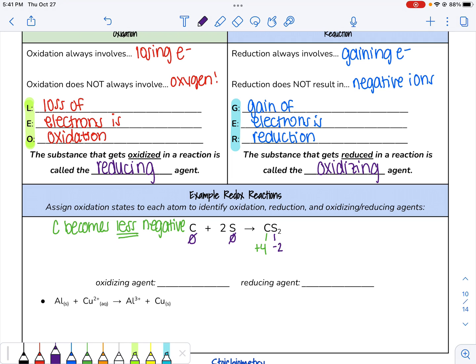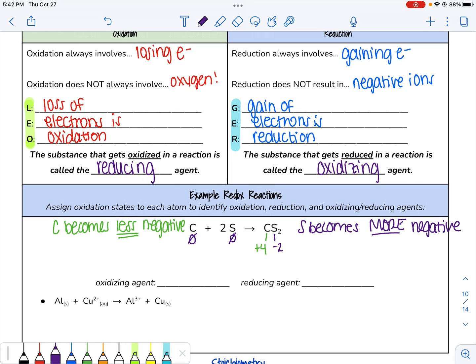What's happening to sulfur? It goes from an oxidation state of 0 to an oxidation state of -2. This means that sulfur becomes more negative. This actually dips down into the negatives, whereas carbon goes up to the positives. So if sulfur is becoming more negative, it is pulling electron density towards itself.